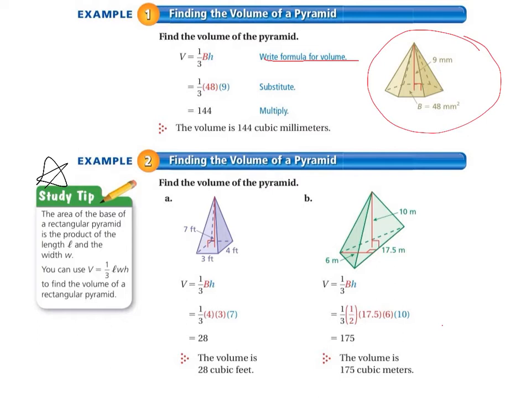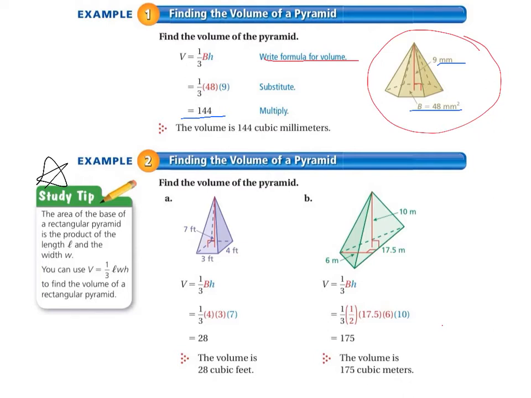Our B, they give us here 48, and the H, they give us here 9. So we plug those in, and we get 1/3 times 48 times 9. And when we multiply that out, we come up with 144 cubic millimeters for the volume of the pyramid.